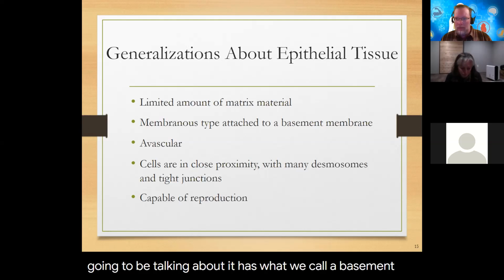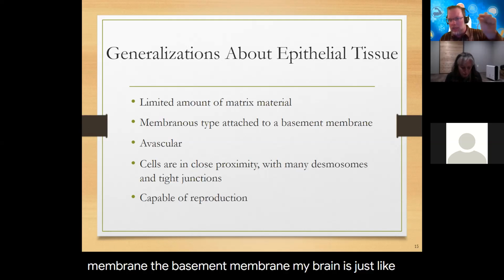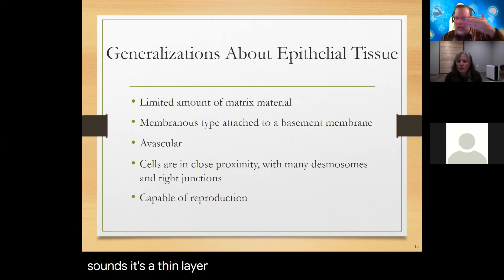The basement membrane is just like it sounds. It's a thin layer that's going to connect epithelial tissue with the underlying connective tissue. So wherever we have the epithelium connecting with connective, there's going to be a basement membrane there.